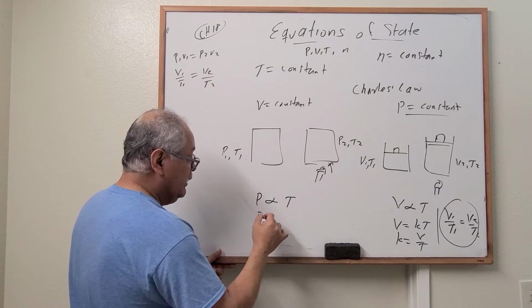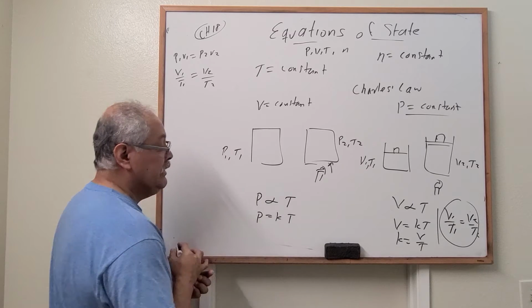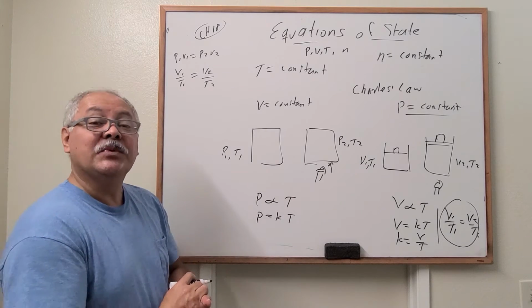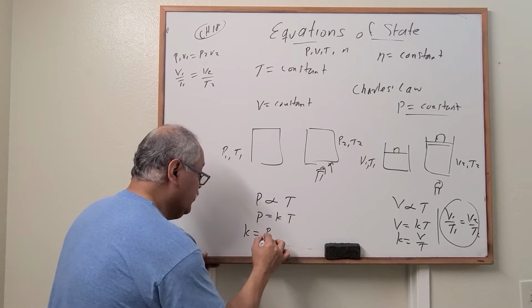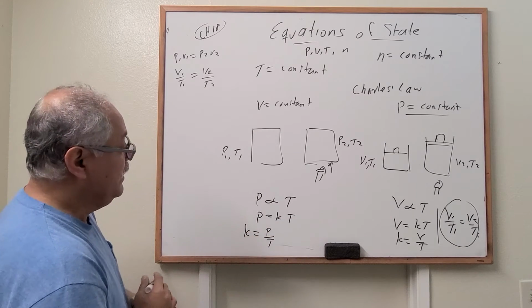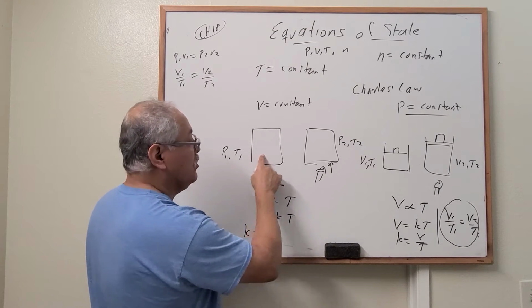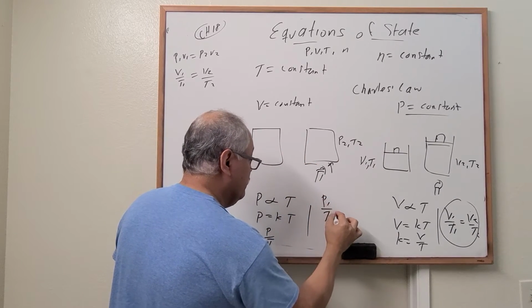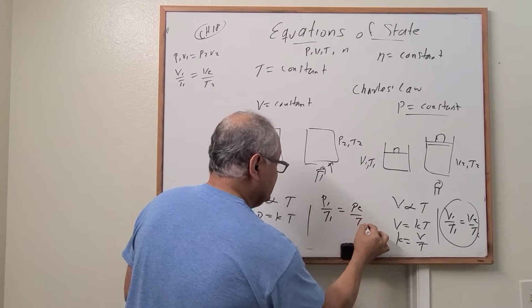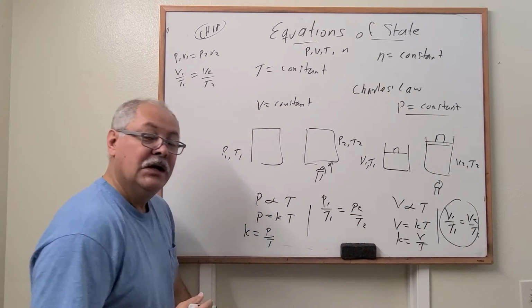Pressure is equal to a constant times the temperature, correct? Now let's solve for K. So K is equal to P over T. That happens for this state, and also happens for this state. It means that P1 over T1 must be equal to P2 over T2. Correct? And this is another law.